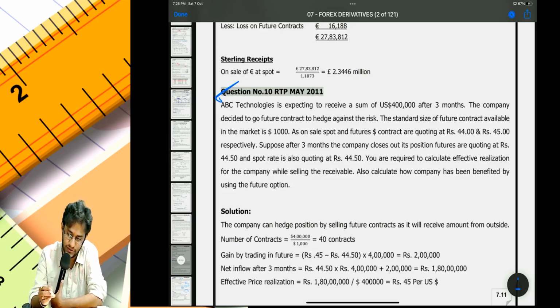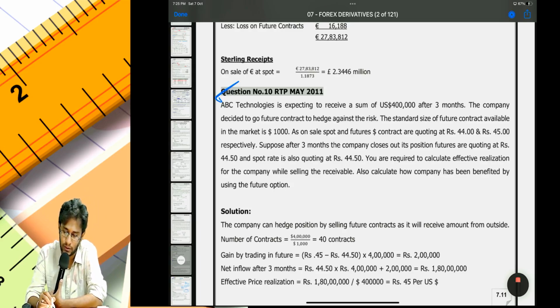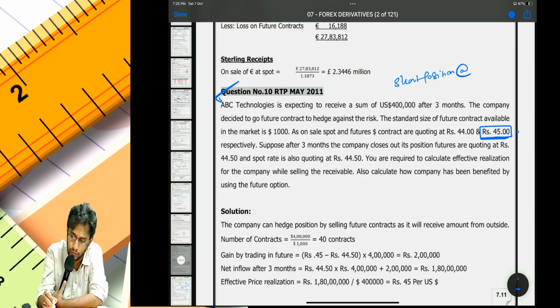As on the sale date, the first day, spot and futures dollar contracts are quoting at 44 rupees (that is the spot rate, leave it) and 45 rupees respectively. So basically this is your story, sir. You took a futures contract, short position, at $1 equal to rupees 45. What's the lot size? $1,000.